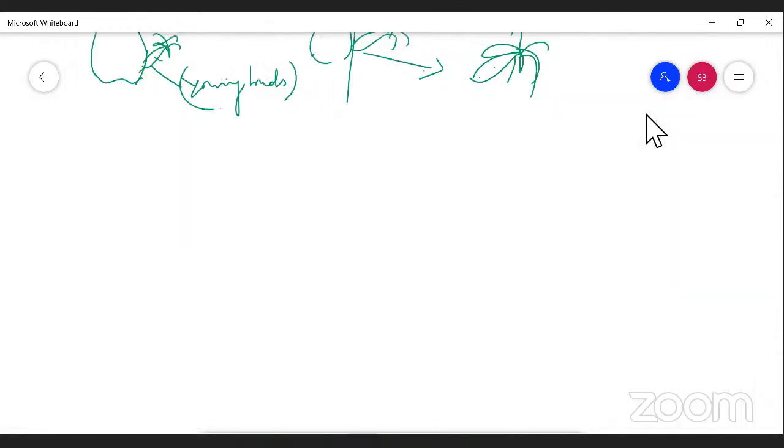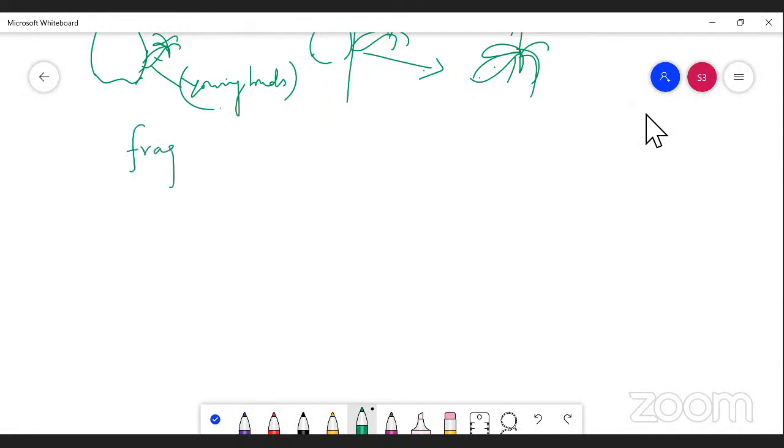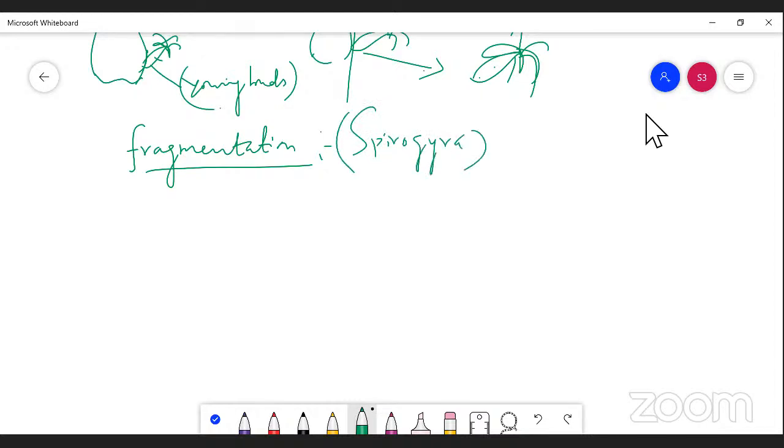Another one is fragmentation. What is fragmentation? It takes place in Spirogyra.